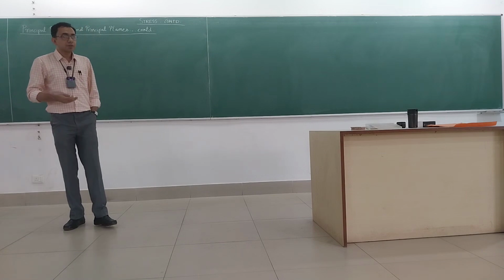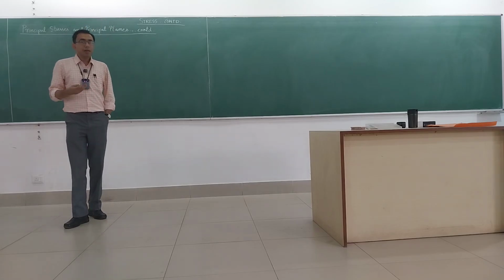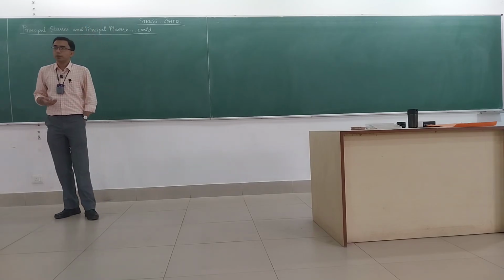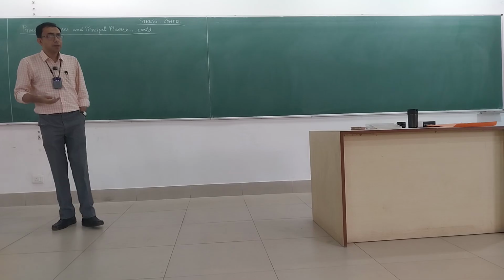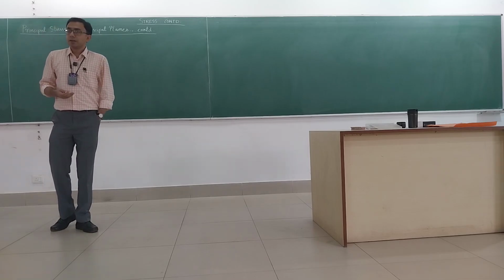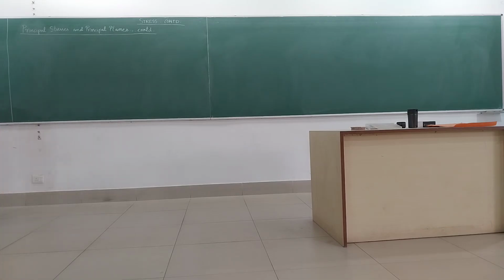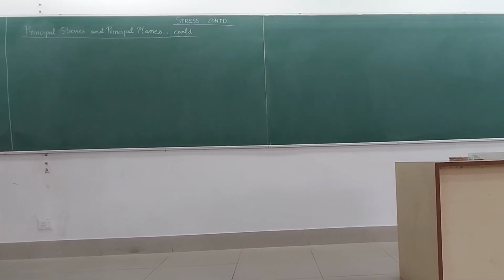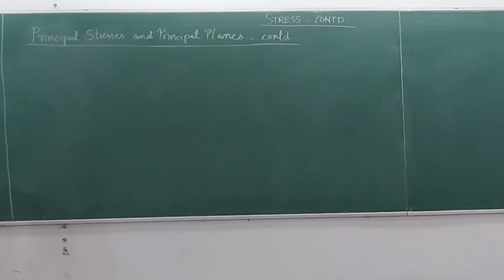Now, because these are extreme values, it gives us an indication that perhaps, in the same way that we learned how to maximize functions, we could arrive at the same result. So we will take a relook at the transformed expression of the normal stress.